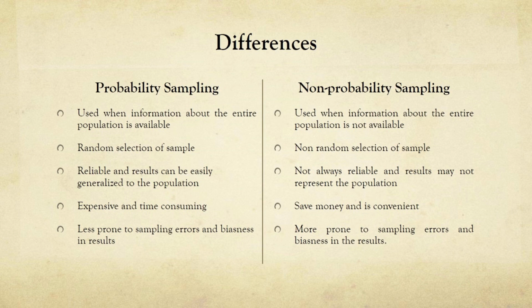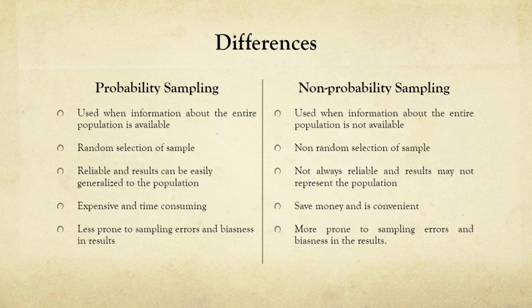Probability sampling is considered to be more reliable, and the results can be easily generalized to the population since they are randomly chosen. But in non-probability, since it is done at your own convenience, the sample, as I had mentioned earlier as well, may not be reliable, and they may not entirely represent the population that you've chosen for your study.